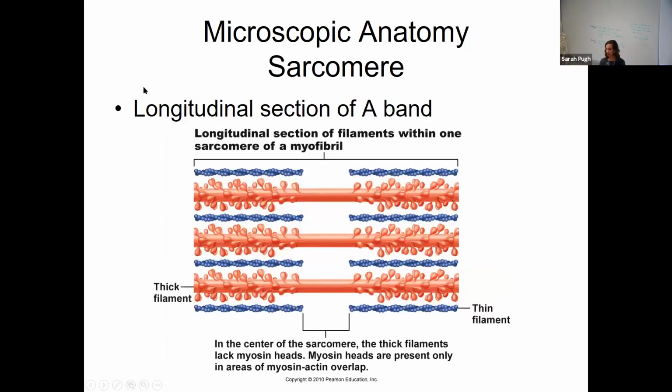So here's a picture showing you actin and myosin. And when a muscle contracts, what's going to happen is the myosin heads, those little golf club heads, are going to reach up and grab onto actin at the active site, right? So they're going to grab on. You're going to find that active site and grab on.